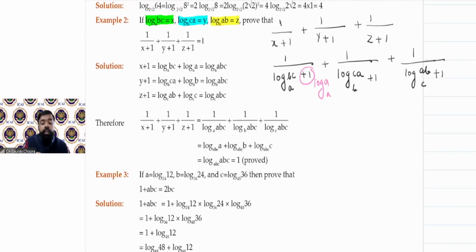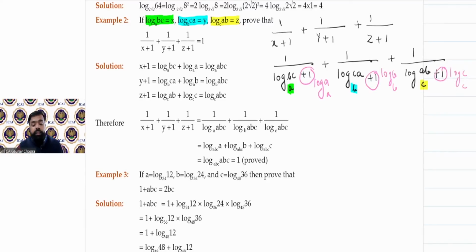Why are we using A? Because here the base is A. In the next one, this 1 can be written as log B base B, because base B is here. And in the next case, the base is C, so we can write 1 as log of C base C.